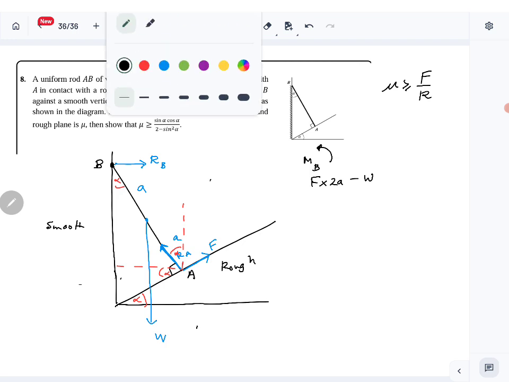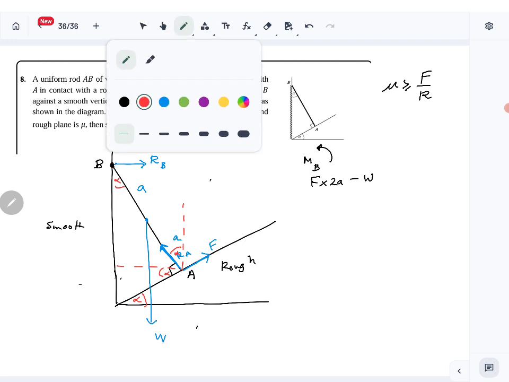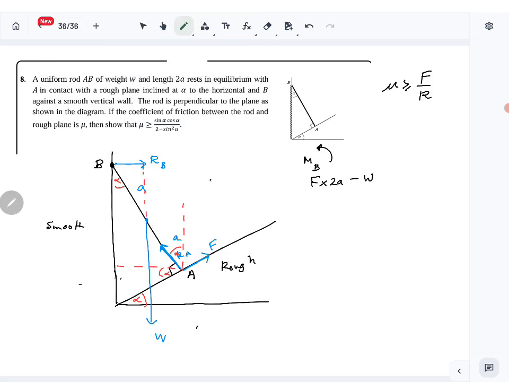What is the perpendicular distance from point B? We need this length. Let me mark it as H. Then what is H? This red part is a, so using this right angle triangle, H is a sine alpha.